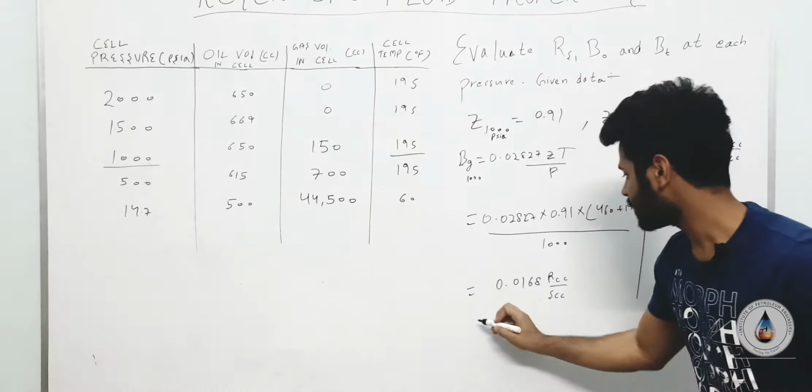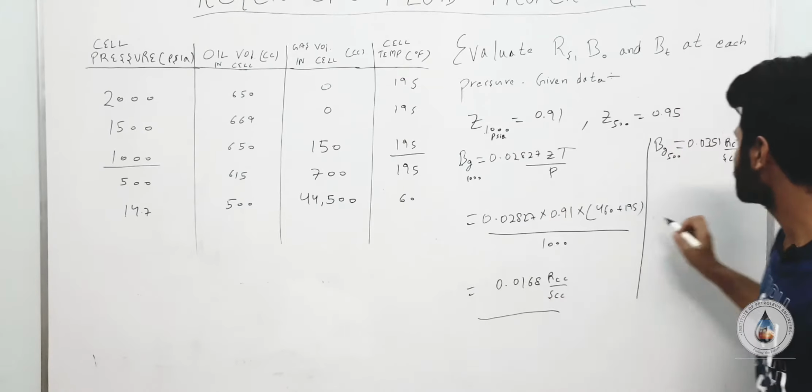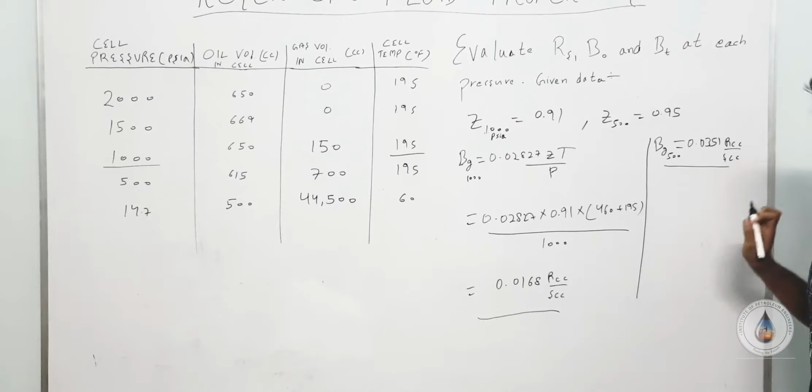Now we have calculated my value of Bg at 1000 psi and my value of Bg at 500 psi.